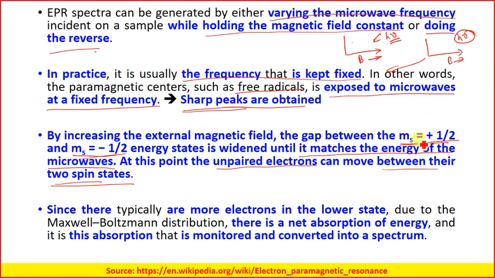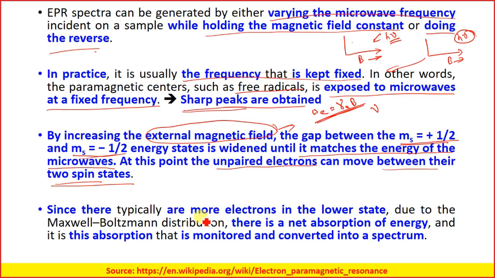That means when you are increasing the magnetic field, because you have kept the frequency constant, when your ωe equals γe B, this equation will be satisfied, then these unpaired electrons will move to the higher energy state.